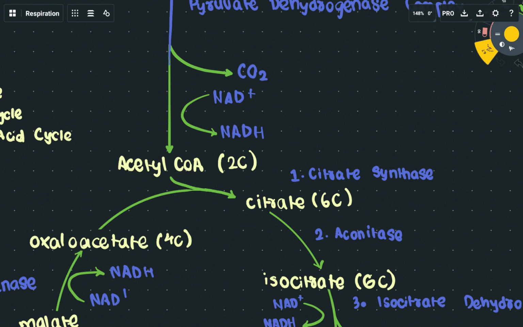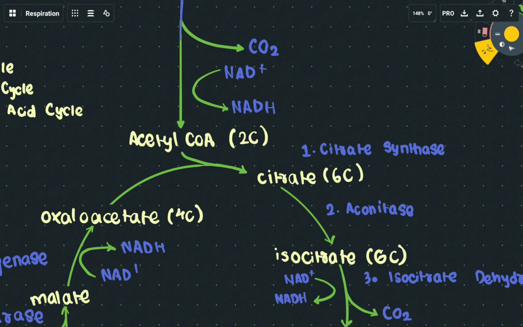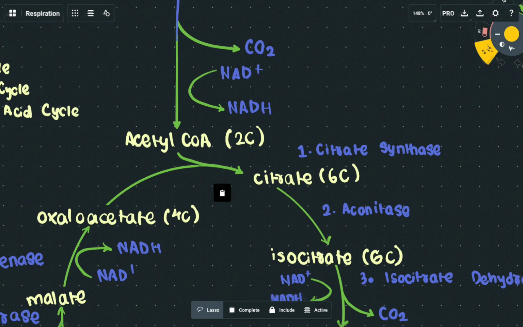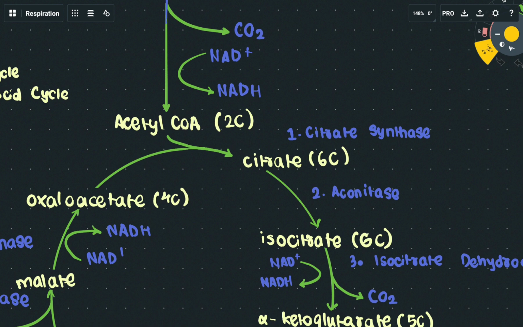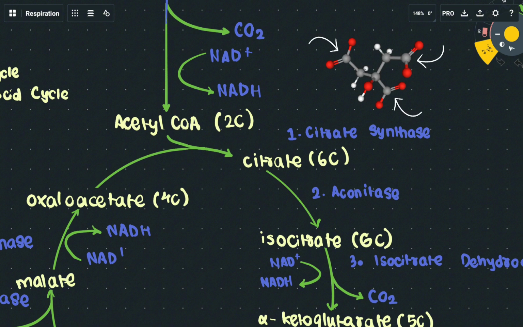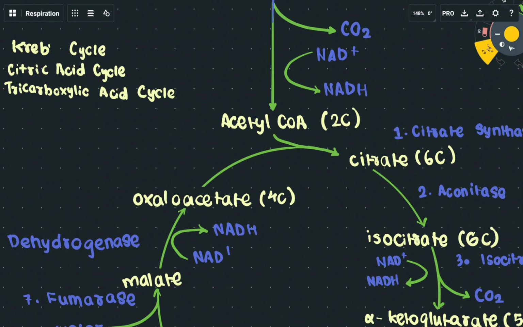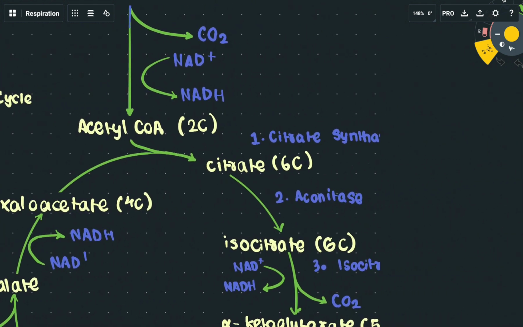We enter it with an acetyl-CoA, which is a two carbon molecule, and this along with oxaloacetate, which is the final product of the cycle, gives us citrate. So that's where the name, the citric acid cycle, comes from. Citrate is basically a six carbon molecule, and if you look at the structure of citrate, you'd see that there are three carboxyl groups on the molecule, and thus the name tricarboxylic acid.